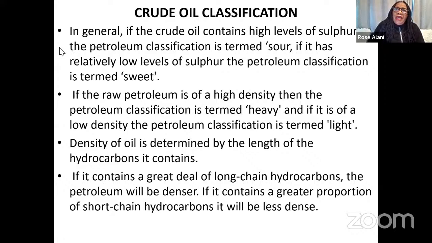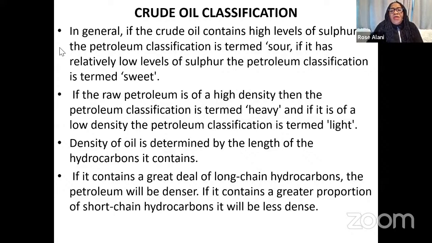We just talked of the API that classifies it as heavy oil or light oil based on density. And now we're talking of classifying based on non-hydrocarbon compounds like sulfur here. If it is a lot of sulfur, it is sour petroleum. If it is less sulfur, it's sweet petroleum.